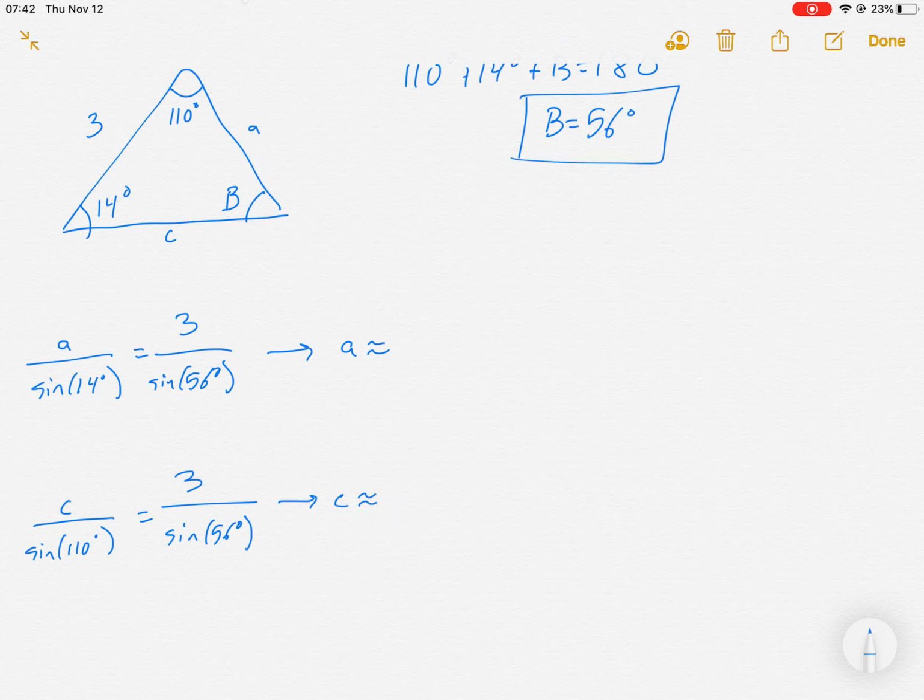So let's go ahead and solve those real quick. 3 times sine of 14 divided by sine of 56.